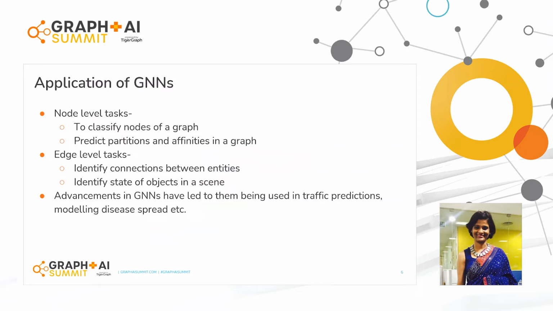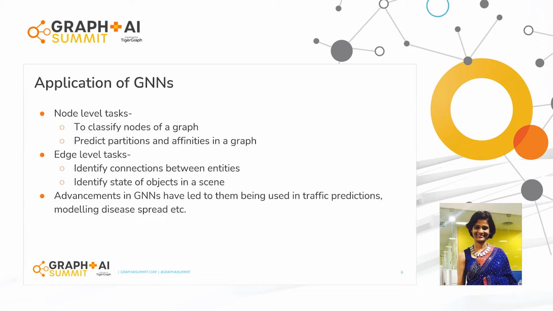When you take the applications of graph neural networks, they are used in node level tasks and edge level tasks. For node level tasks, mostly it's a semi-supervised problem where most of the nodes are labeled, and for the nodes which are unlabeled, you have to classify them into one of the label categories. In addition to node classification, you can also predict the partitions and affinities in the graph. When you take the edge level task, you have to identify connections between the nodes, and it's also used to identify the state of objects and scenes.